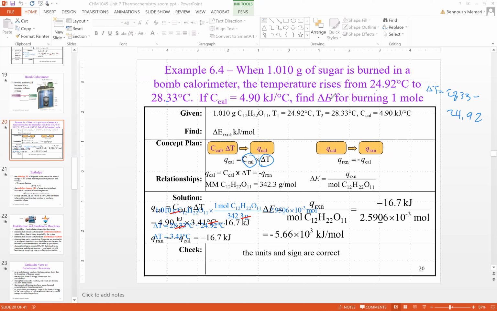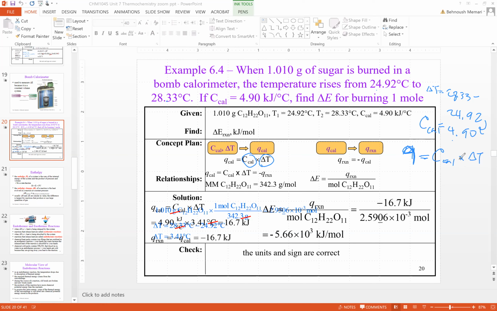I just want to show you the steps. The value for C of the calorimeter is given to us, so it's 4.9. If you want to find the delta E, or the Q value, the amount of heat, first let's find the Q, which is C of the calorimeter times the change in temperature.